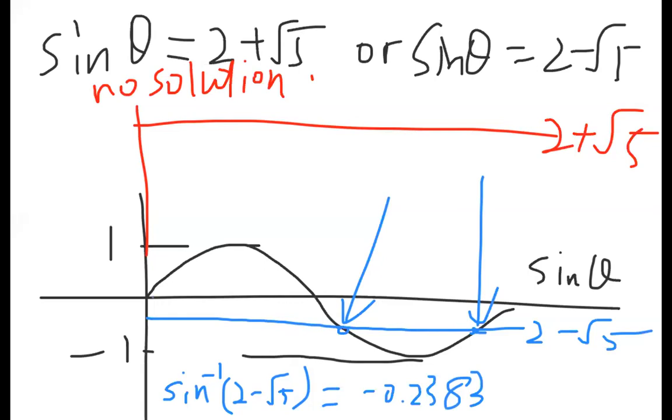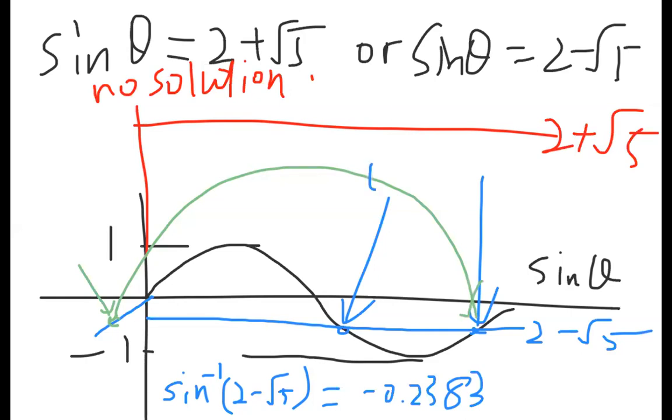The angle is somewhere here. However, because the sine is periodic, when you add 2 pi, it moves to this one.